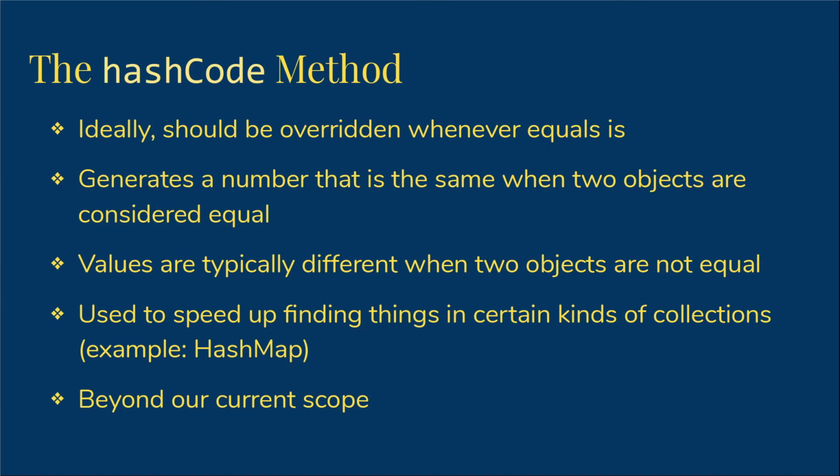The purpose of this is to speed up finding things in certain kinds of collections. So for example, there's a HashMap that Java provides that uses the hash code to store things in it so that it can find them very efficiently as long as the hash code is well created.